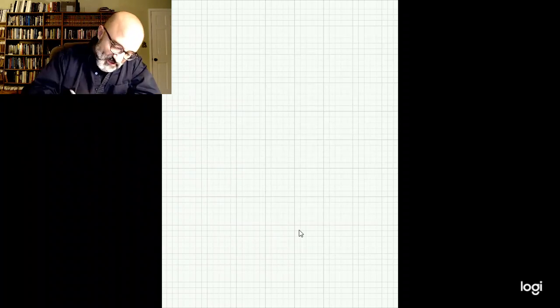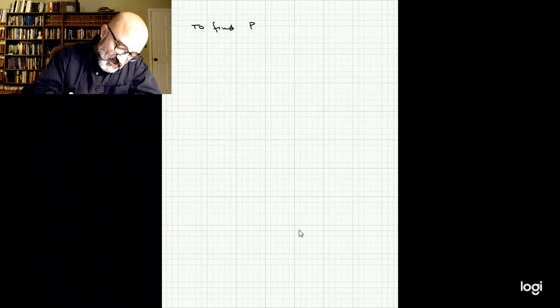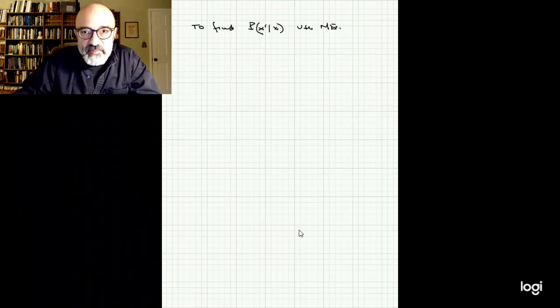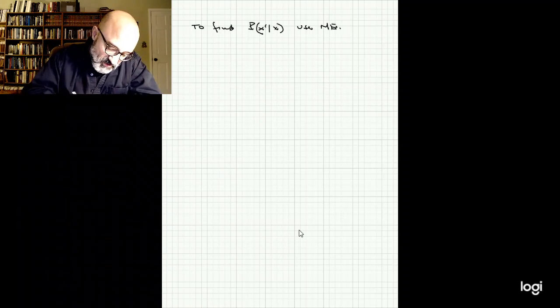To find this transition probability, we use, of course, the method of maximum entropy, and we write there is going to be an entropy.